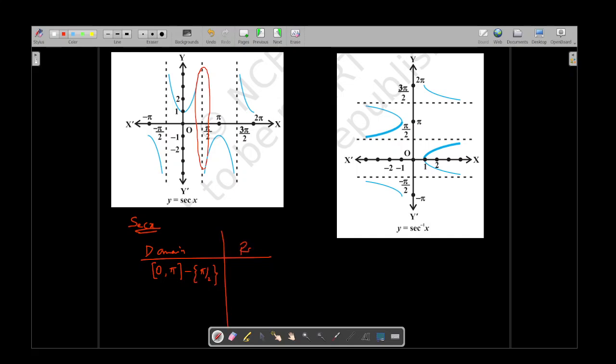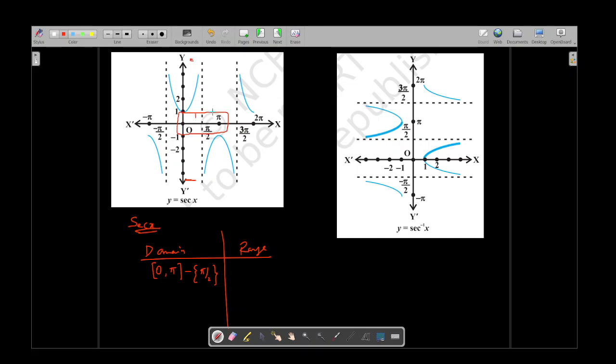Similarly, now let us go to the range. It covers all the numbers from minus infinity to plus infinity, but it does not cover this value. Secant x will not take any value between minus 1 and 1.